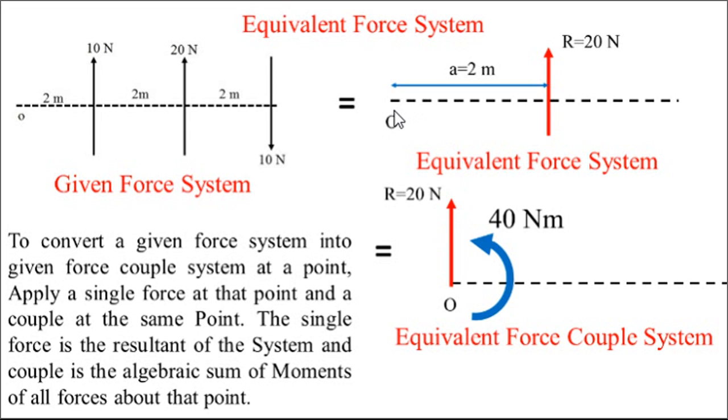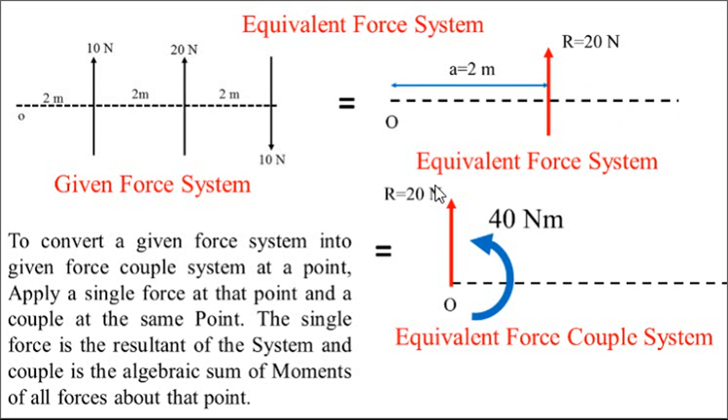Suppose instead of O, it is asked to replace this 20 Newton at a particular point on the right side. I will remove this force from here, show that force there, and then take the moment of this 20 about this point using the perpendicular distance. Suppose it is 1 meter, so 20 into 1, and it will be clockwise.